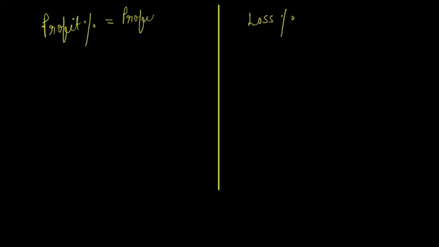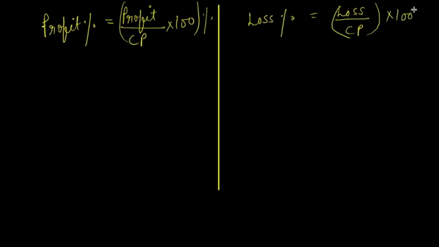Profit upon CP, because it was the original price, into 100, right? And similarly, if you want to calculate the loss percent, it is going to be loss upon CP into 100%. You have to just change the position of the brackets here. It is going to be into 100%.